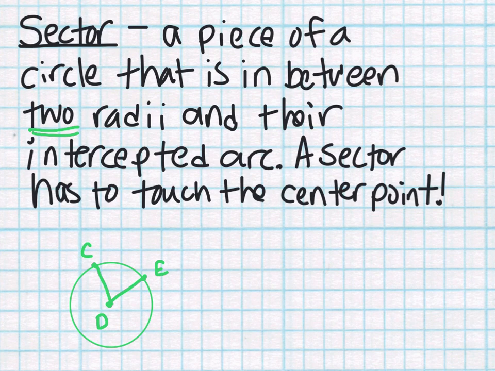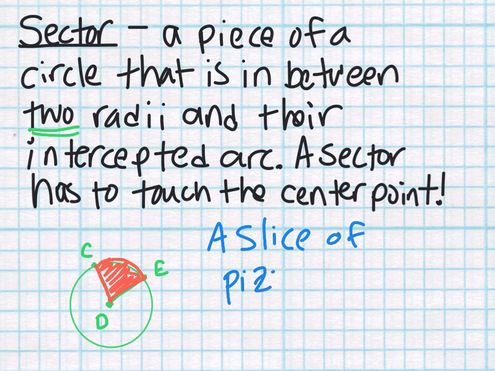So the intercepted arc is the arc from C to E. So in between radius CD, radius ED, and arc CE is a sector. So you could also describe this as kind of like a slice of pizza on the center point.